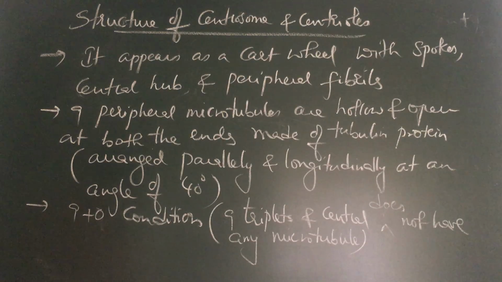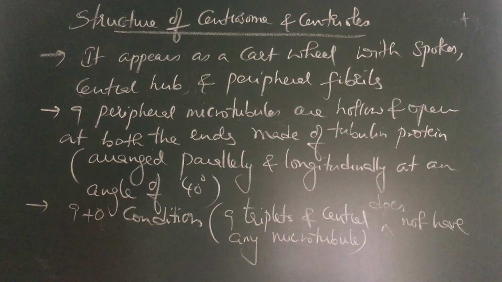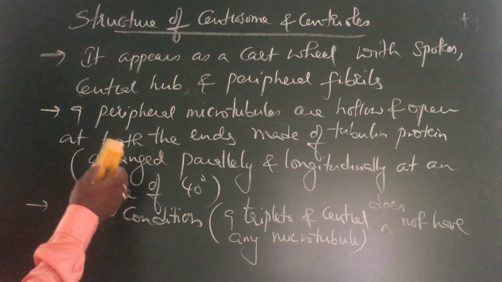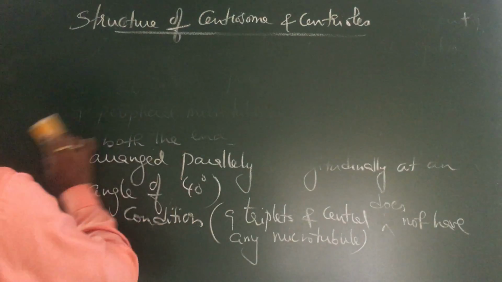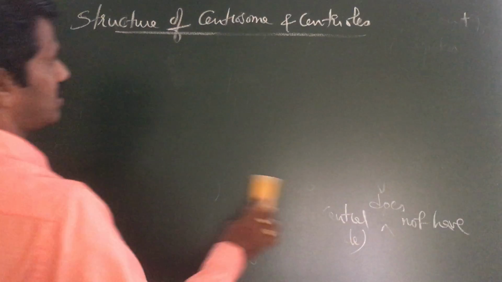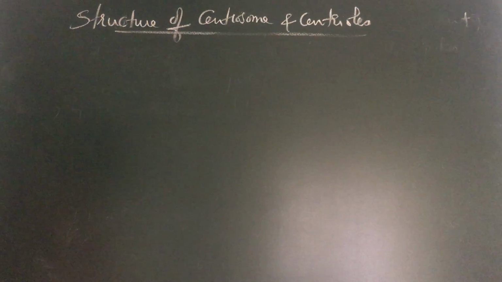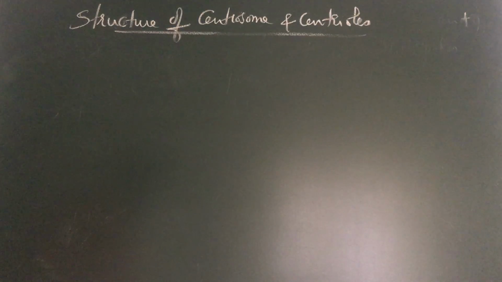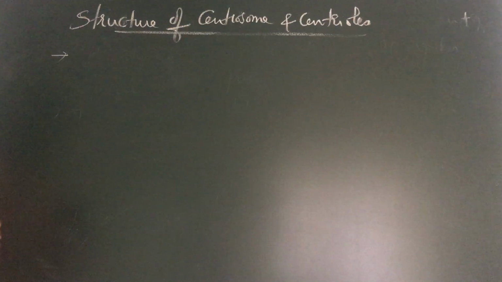Next, how are they linked? The CA linkers or AC linkers, note that point down. There are only peripheral microtubules in the flagella and in the centrioles, and they are linked.